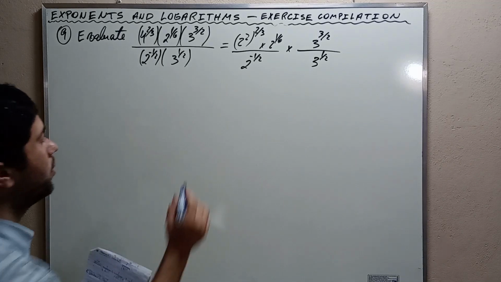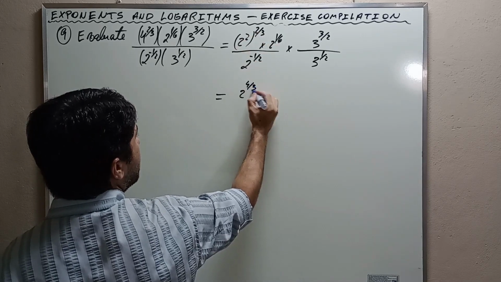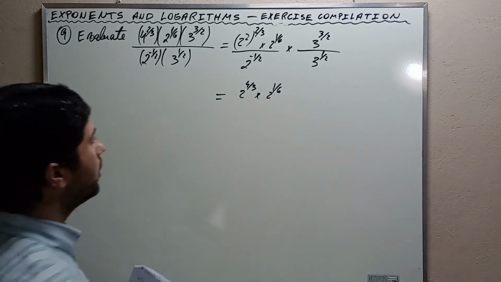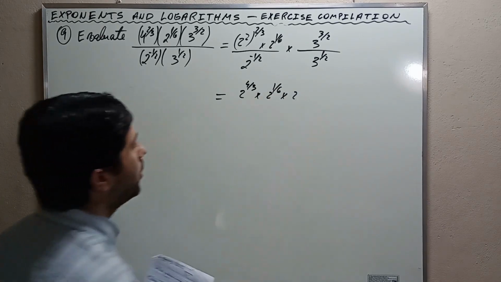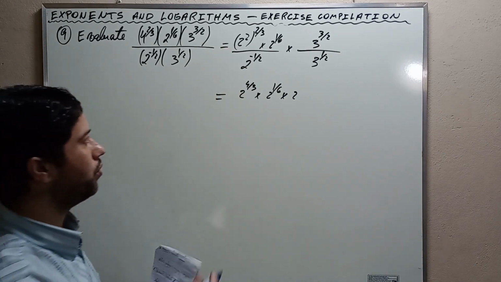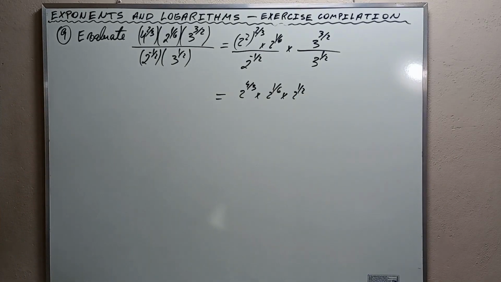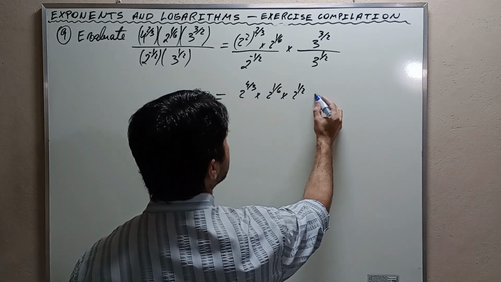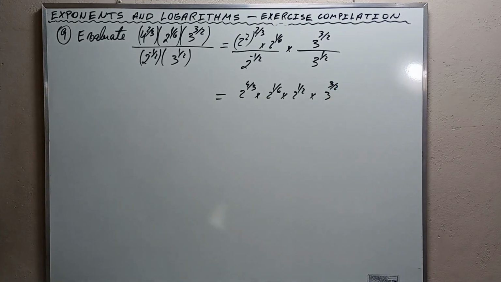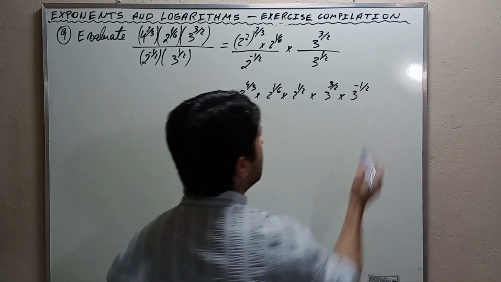Working on them separately, we find that it is 2 to the 4/3 times 2 to the 1/6 times, to convert from the denominator to the numerator, what we do, we invert the sign, 2 raised to the power of a half, times 3 raised to the power of 3/2 times 3 to the negative a half.